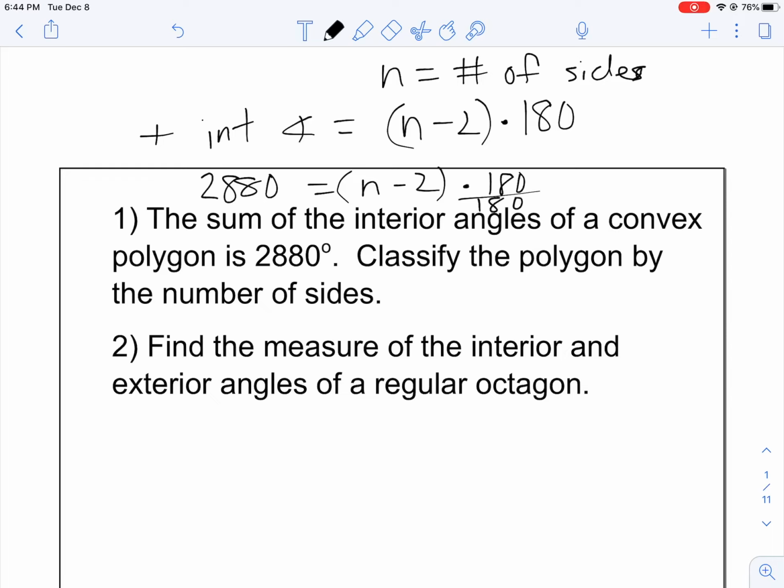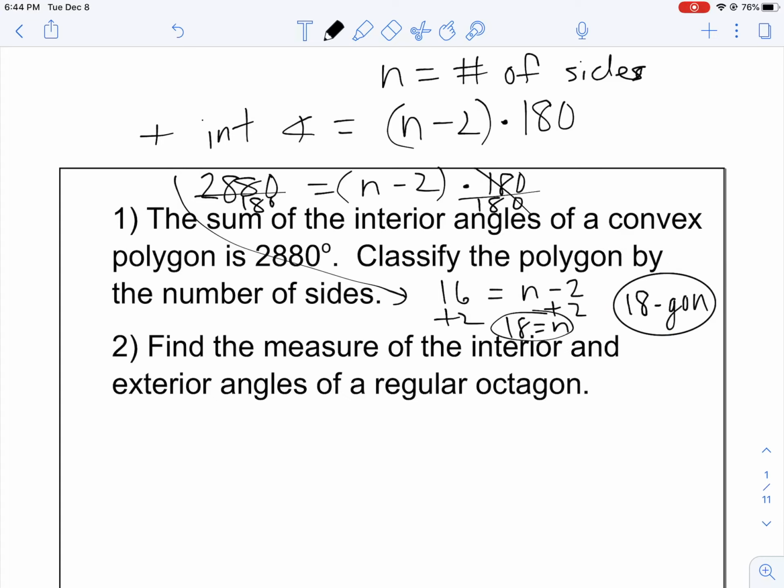Well, we can divide by 180. I kind of ran out of room, so I'll just put it down here. That's 16 equals n minus 2, because those cancel. Add 2, and n is 18. So we can just call this an 18 gon.